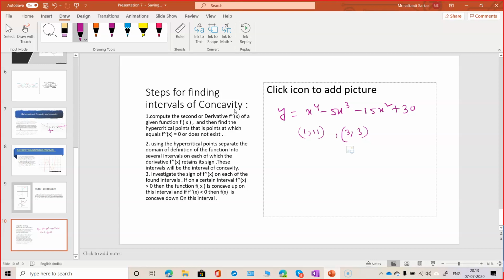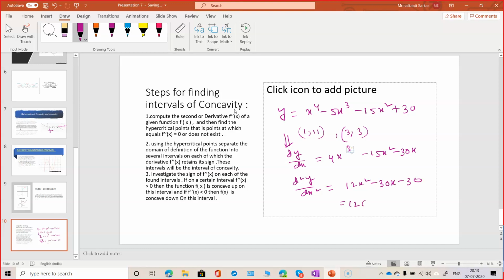What to do first? We will find the second order derivative. dy by dx is 4x^3 minus 15x^2 minus 30x. d square y by dx square is going to be 12x^2 minus 30x minus 30.